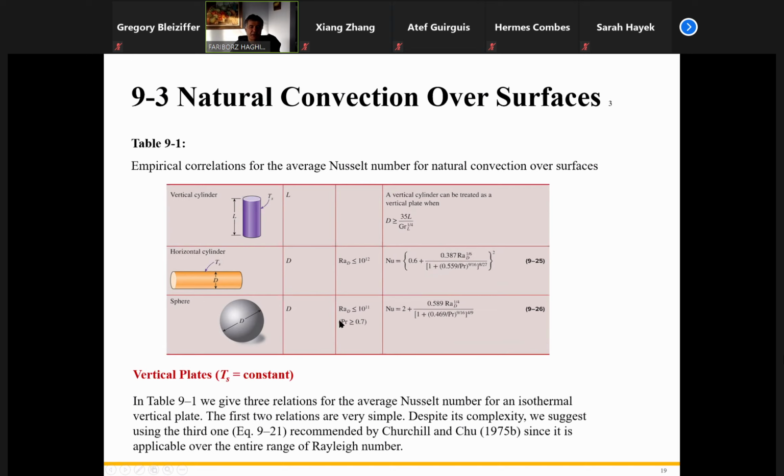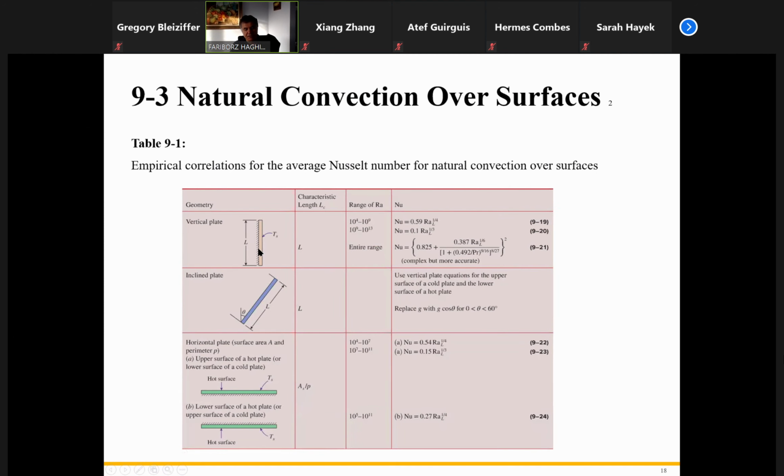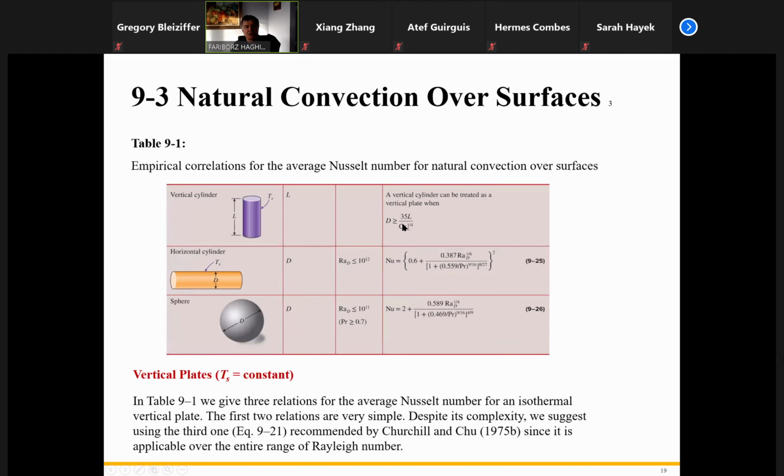If it's spherical, like this. It mentions that if it's vertical, you can treat it as a vertical plate as long as the diameter is more than this value. Therefore, you can use the same correlation as this one, but you have to make sure that this condition is satisfied, okay?